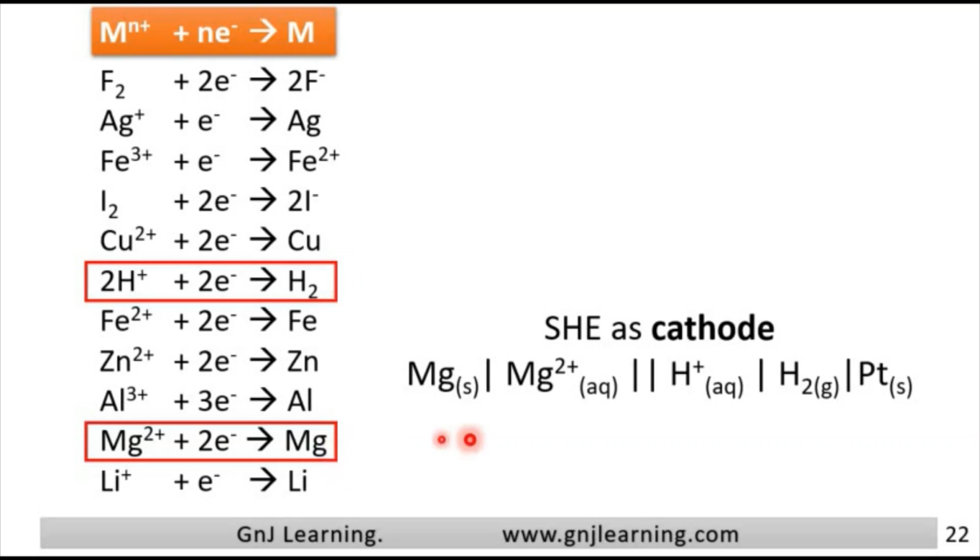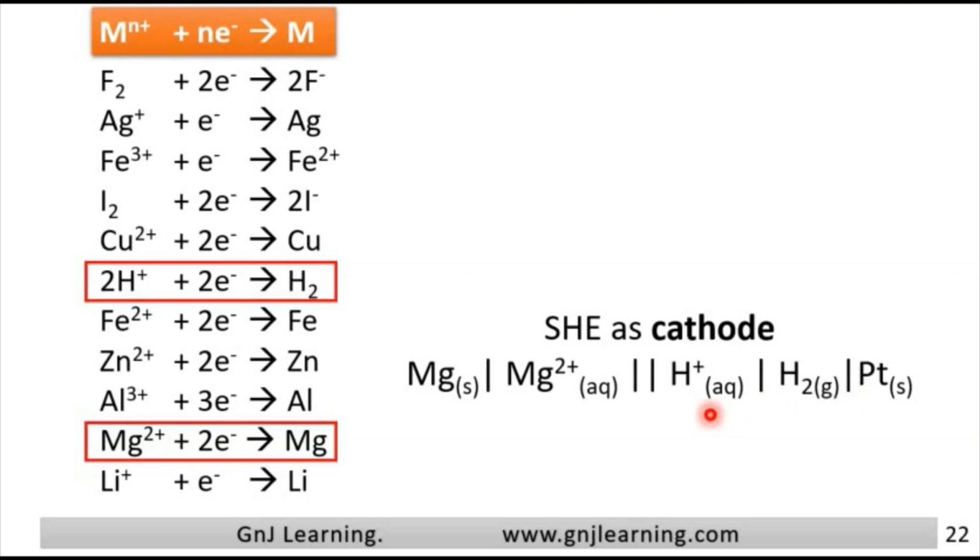In this case, magnesium is the anode, and we have to write it on the left as an oxidation reaction: Mg first, then it gets oxidized to Mg2+, separated by a vertical line, followed by the salt bridge, then the cathode.